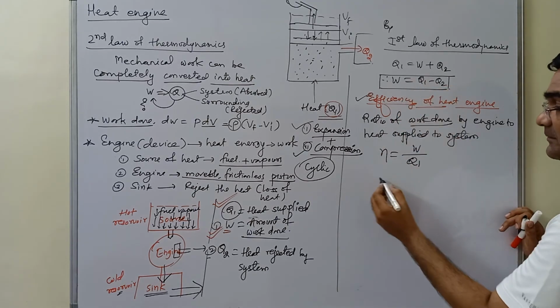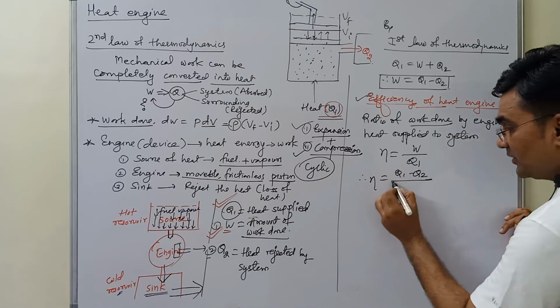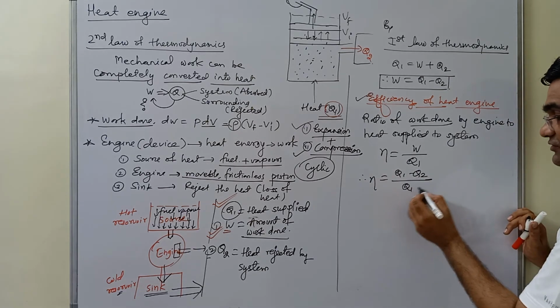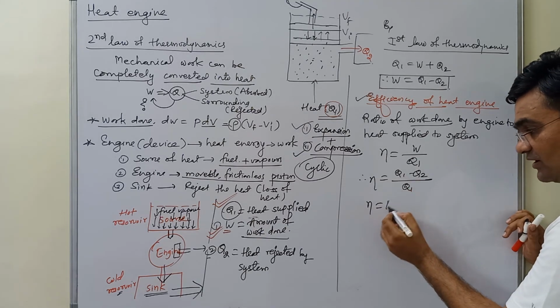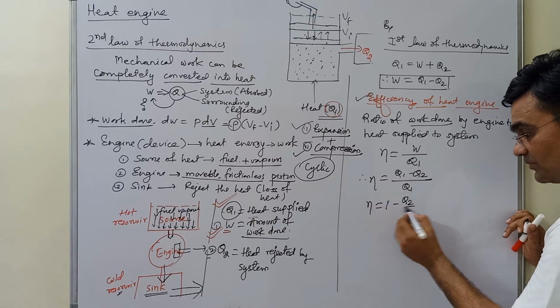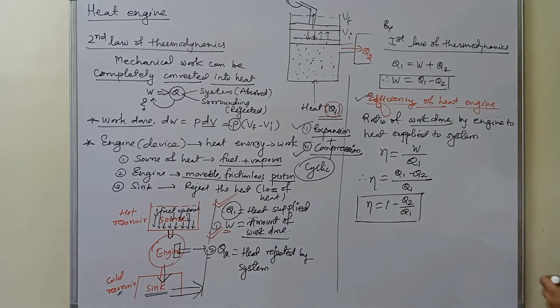So what is W again? Eta equals Q1 minus Q2 divided by Q1. So I can write eta is equal to 1 minus Q2 upon Q1. लक्षात घ्या, this is the formula for finding efficiency of heat engine.